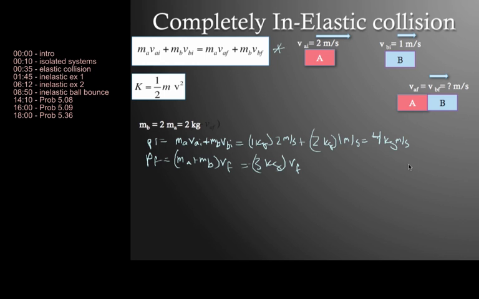Because momentum is conserved, we have P initial equals P final. So we're just going to set these two equal to each other. And so this is going to give us that V final has to be equal to 4/3 meter per second.